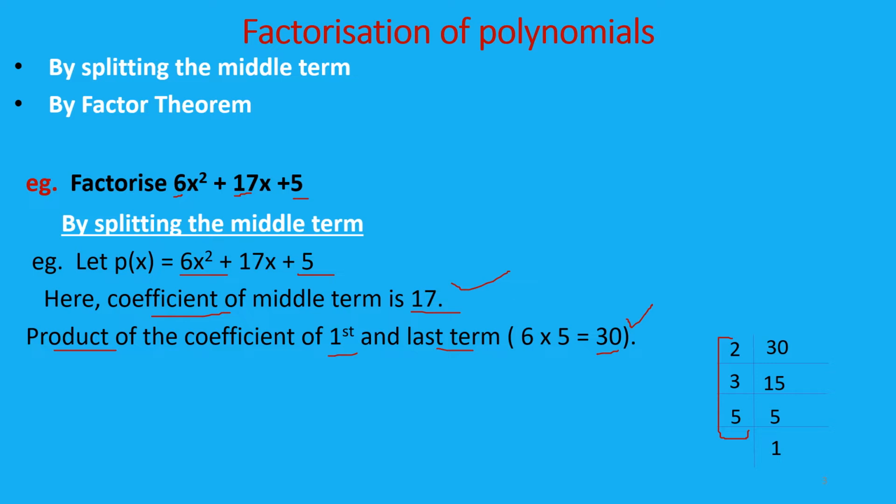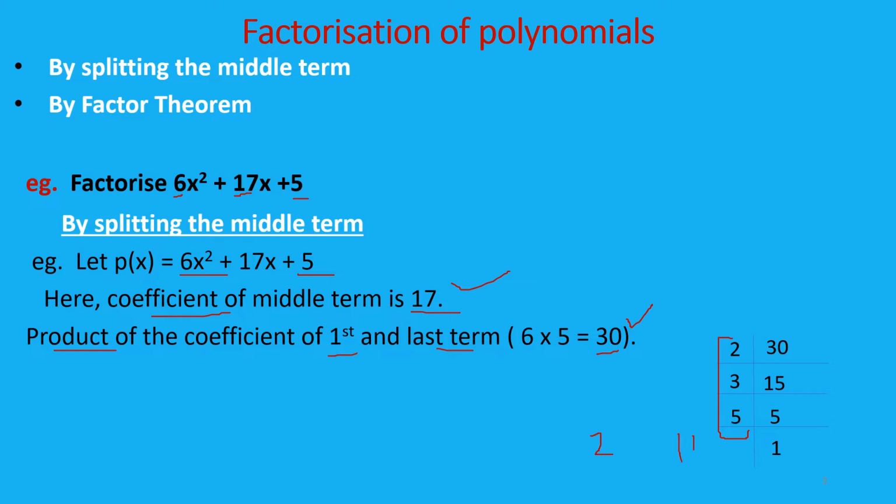That means we have to arrange the factors 2, 3 and 5 in such a way that we will get only two numbers whose product should be equal to 30 and the sum should be equal to 17. So let's take, I'm taking first number as 2, right? The first factor. And for the second number I am doing the multiplication of these two. 5 3s are 15.